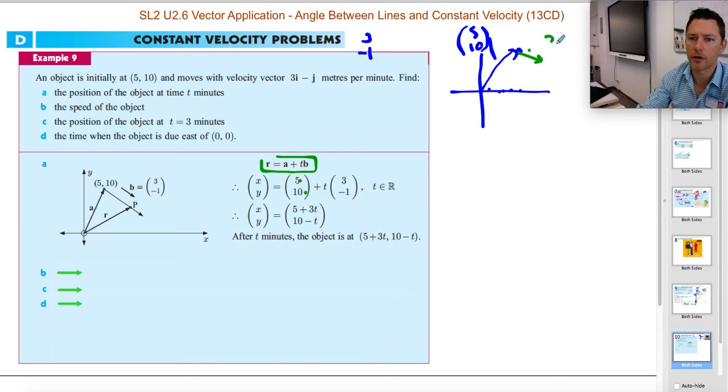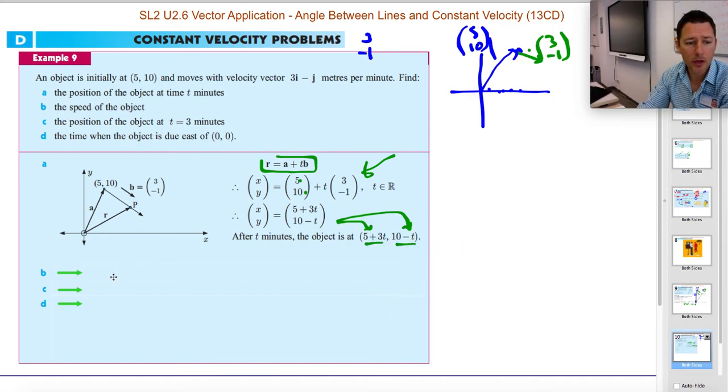Just like we were saying over here was 3 and negative 1. And then if you want to crush it into a little more beautiful equation, this is fine too. I kind of like this better, but so after t minutes, the object, this is parametric now, is at this point for the x and this point for the y based on t. All right, I wish they would have given us more stipulations about what form they would have wanted that left at, but there you go.